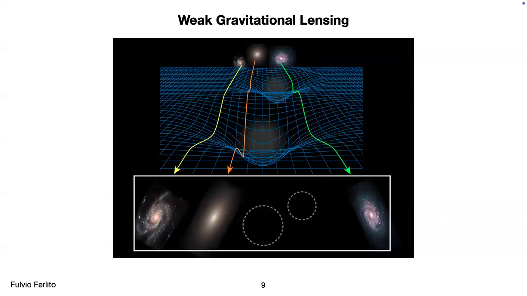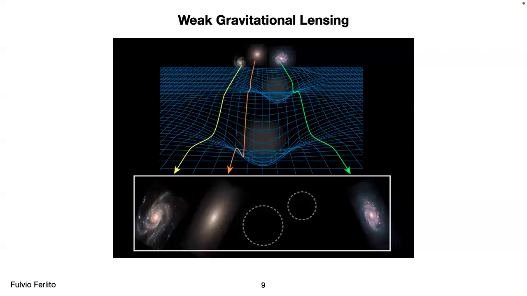This light gets distorted, feeling the gravitational field of the intervening large-scale structure, and we refer to strong lensing where the distortion of such images is severe. Like a single image can result in multiple images, or arcs or Einstein rings.